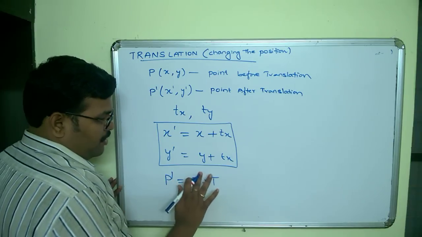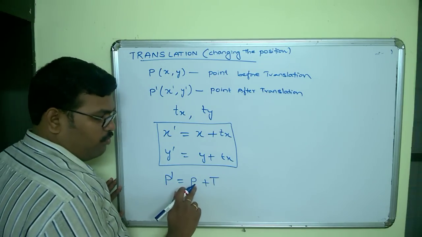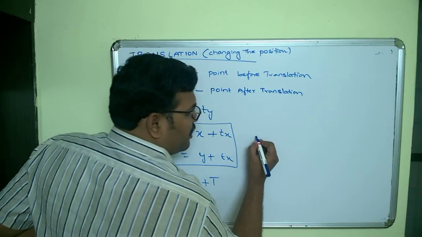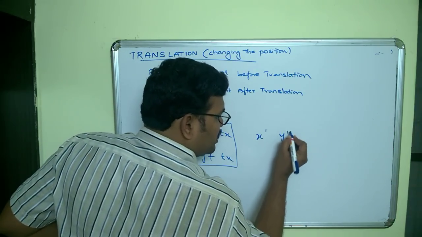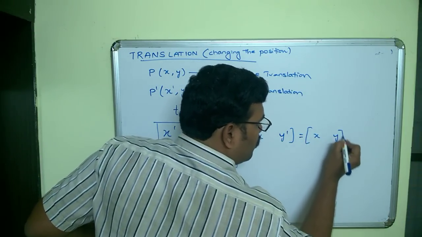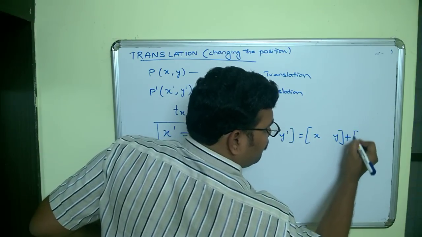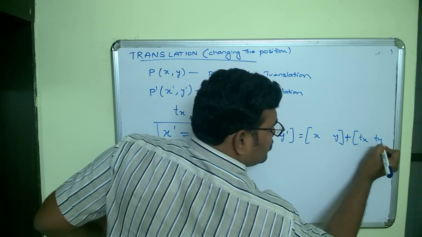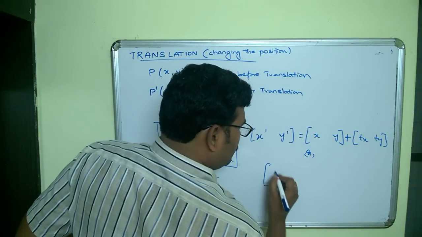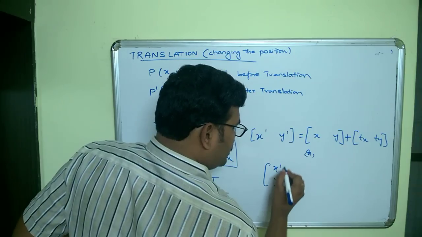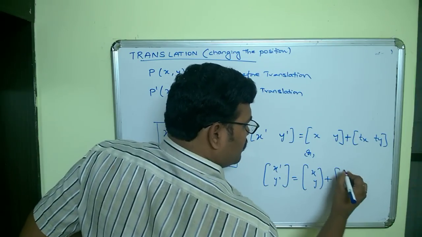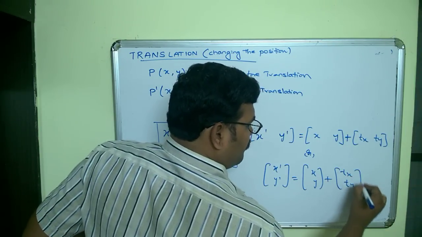In matrix format, we can write it as the matrix x dash, y dash is equal to the old coordinates x, y plus tx, ty.